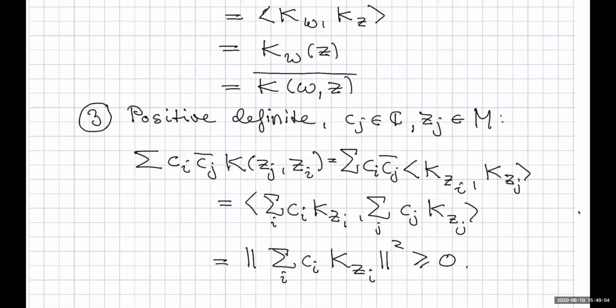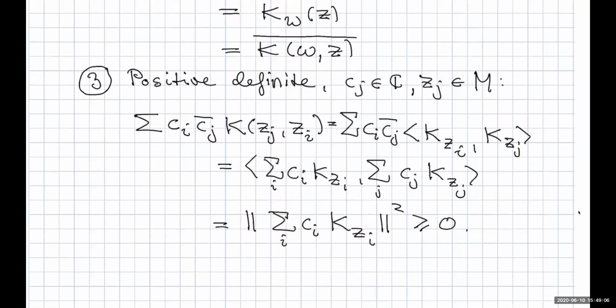Another thing is that this function is what we call positive definite. And that simply means, if you look at the matrix k(z_j, z_i), this is an n by n matrix for every n. Then this matrix is positive semi-definite, okay?